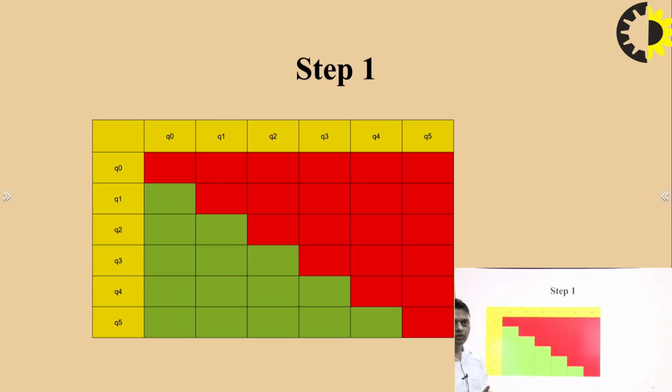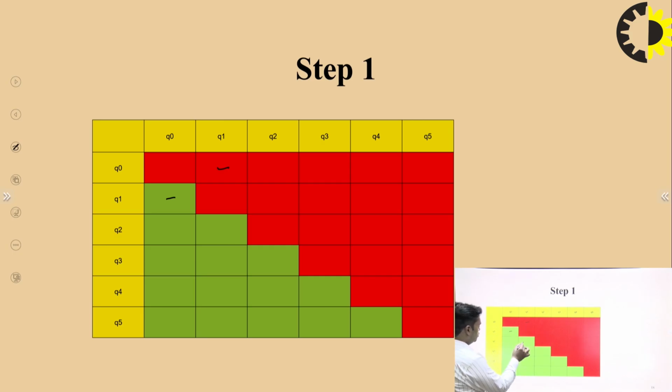We take only the states that do not repeat in this diagram. Here I marked in 2 colors, red and green. In red, we see the states that repeat. This state is a combination of Q1 Q0 and this is also a combination of Q0 Q1.